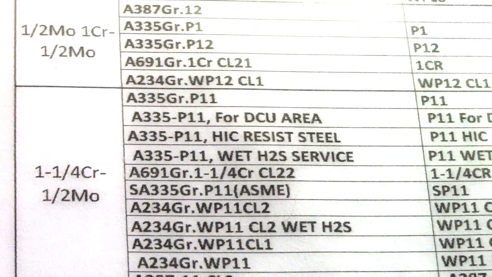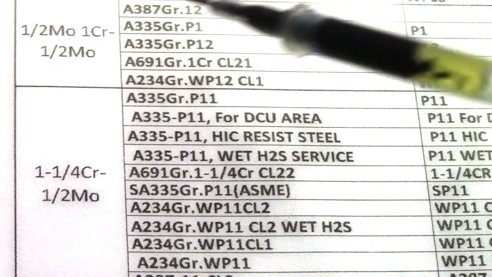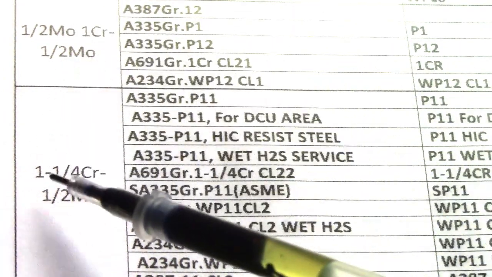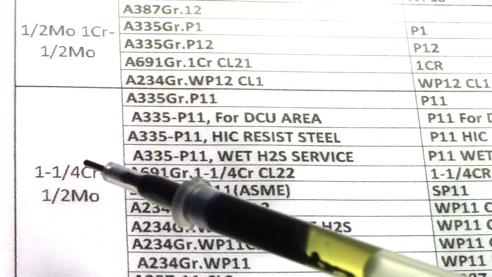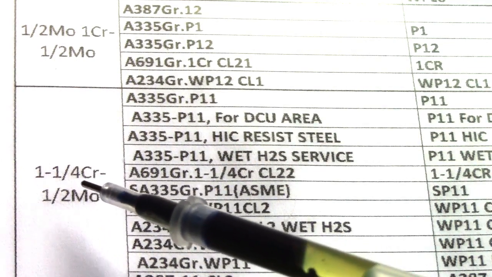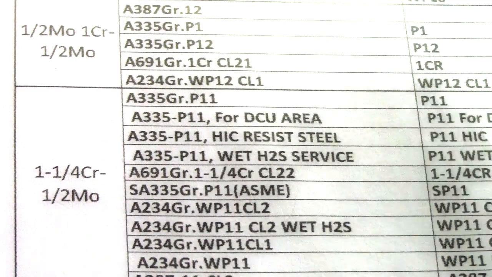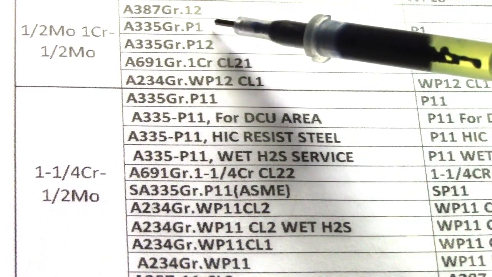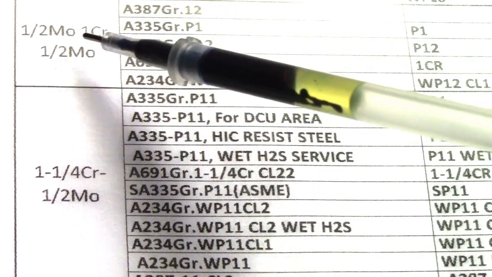So next materials guys is alloy steel. So we have 1/2 MO, 1 chrome, and 1 and 1/4 chrome, and 1/2 MO, chrome molybdenum. So this is our ASTM specification for this 1/2 MO, 1 chrome.